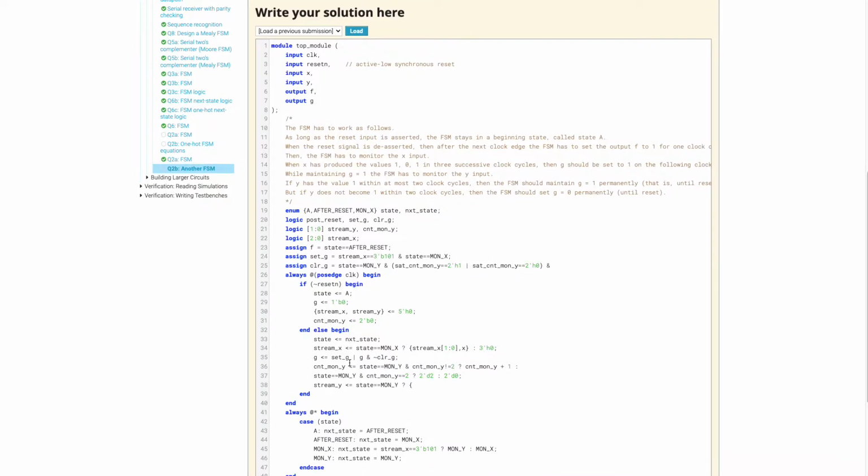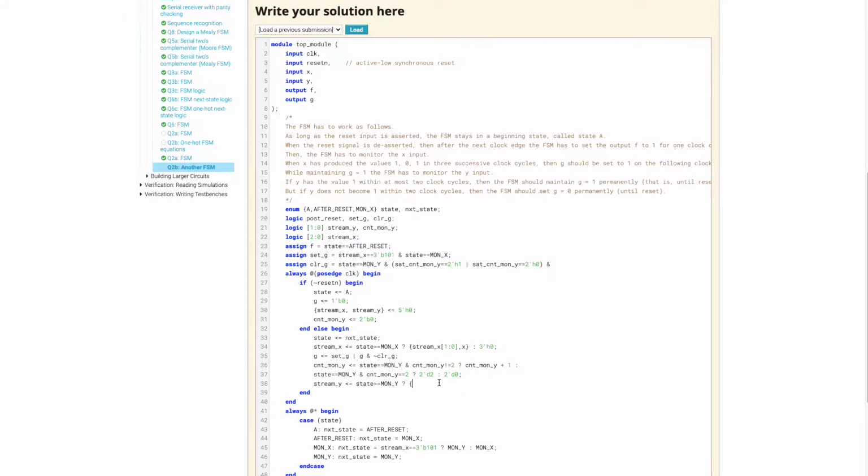So this is the same as before. I'm in this monitor state, and if it's not 2, I add it up until it becomes 2.